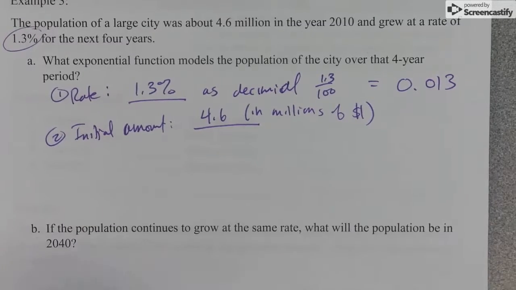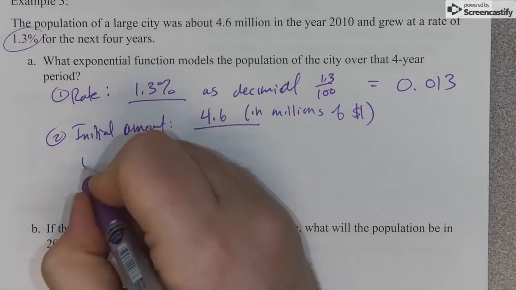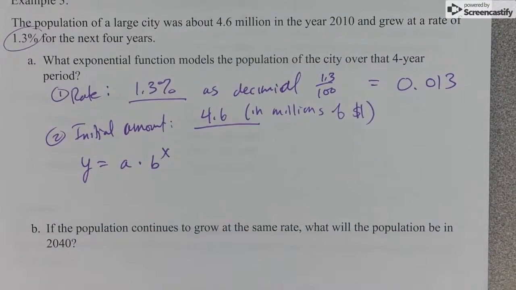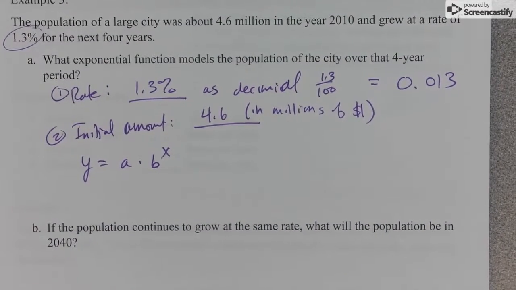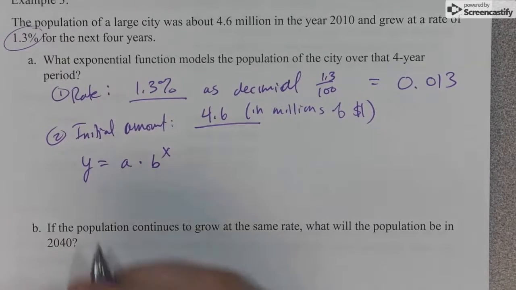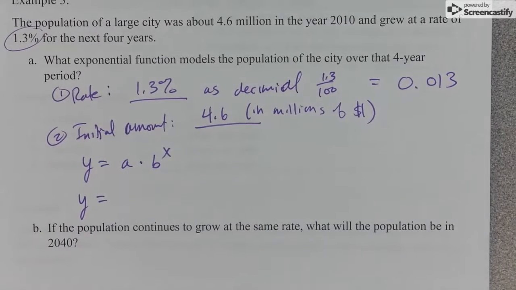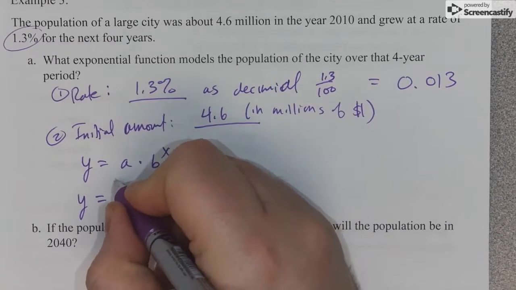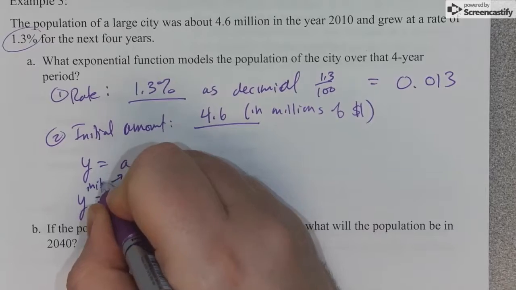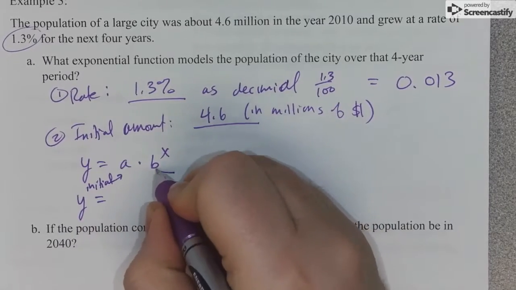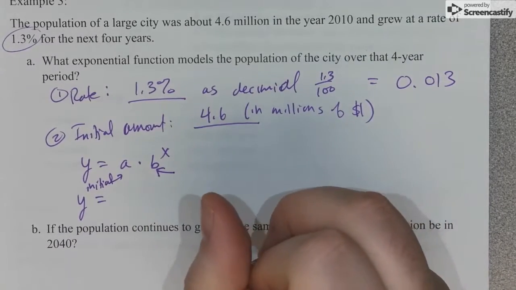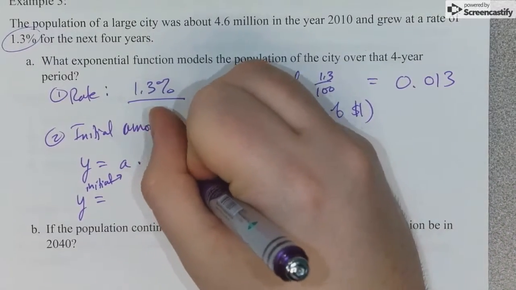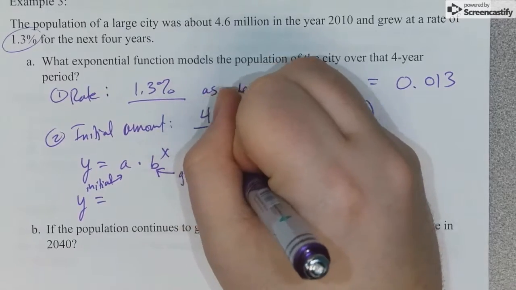So if we think of the exponential model, y equals a times b to the x. We don't know what y is, so y equals, a represents your initial amount, and b will represent your growth or decay factor.